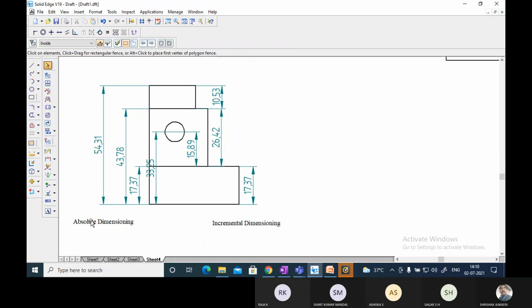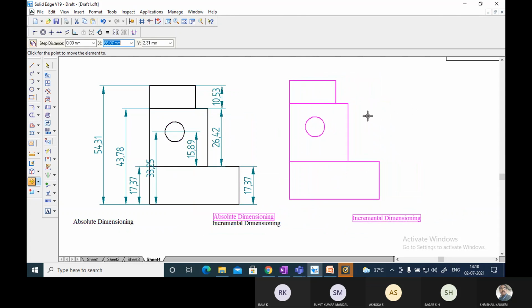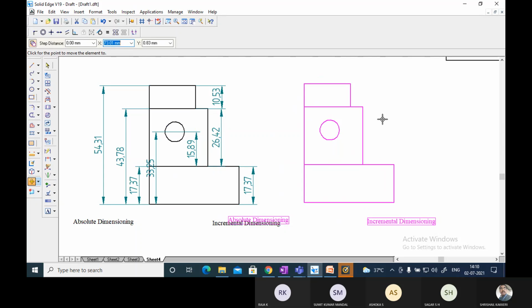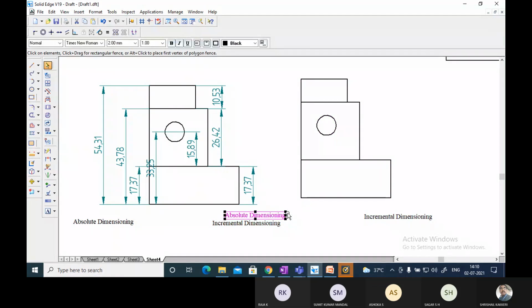Here once again I'll write it. This figure you have to write and show in the examination. See, this is incremental dimension.